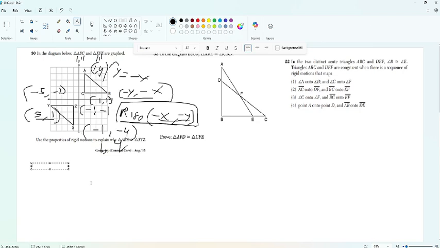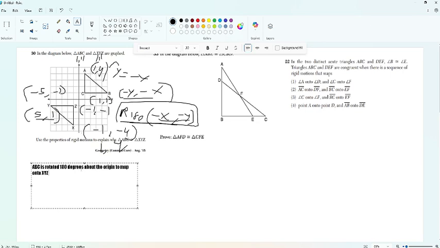Using the properties of rigid motions, we can prove that ABC is congruent to XYZ because, actually, I think you can do it in a better way. Triangle ABC is rotated 180 degrees about the origin to map onto triangle XYZ.